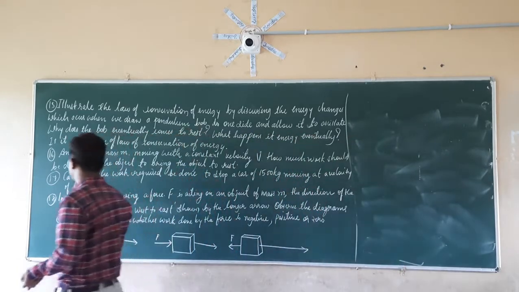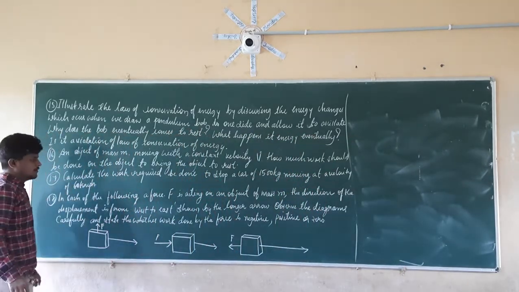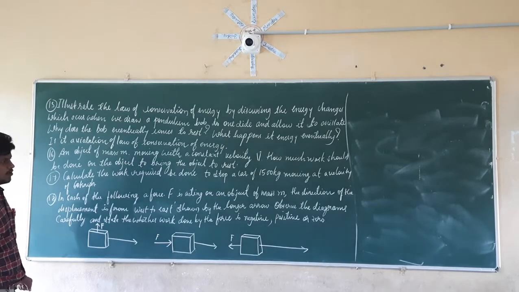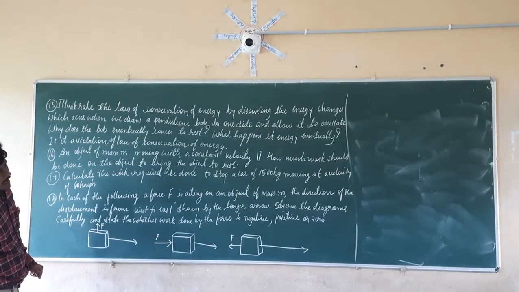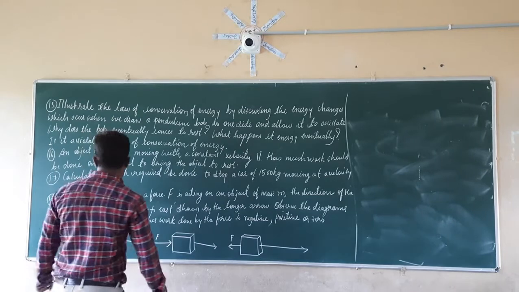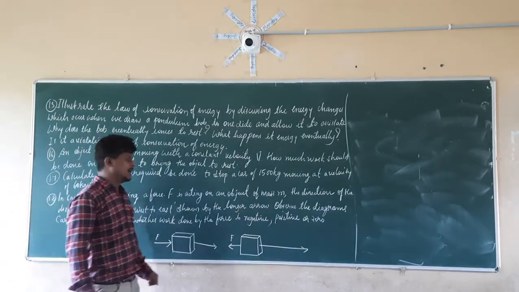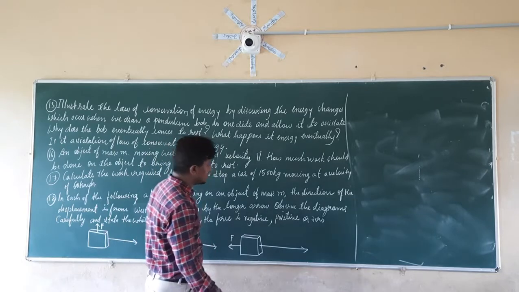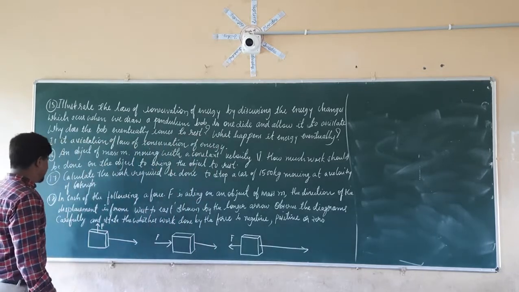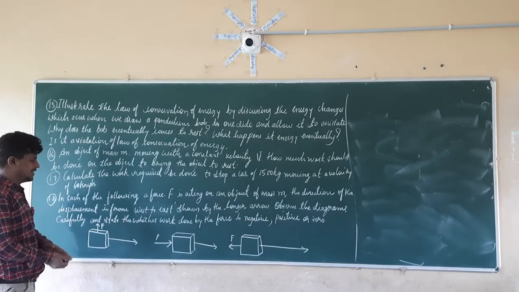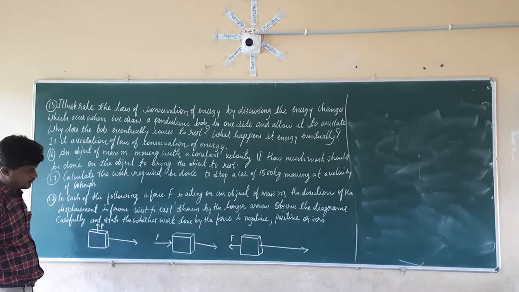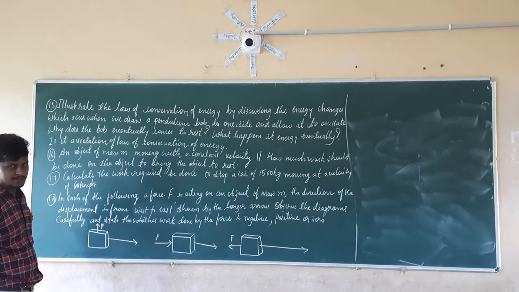See here. In each of the following, a force F is acting on the object of mass m and the direction of the displacement is from west to east shown by the larger arrow. Observe the diagrams carefully and state whether work done by the force is negative, positive or zero.